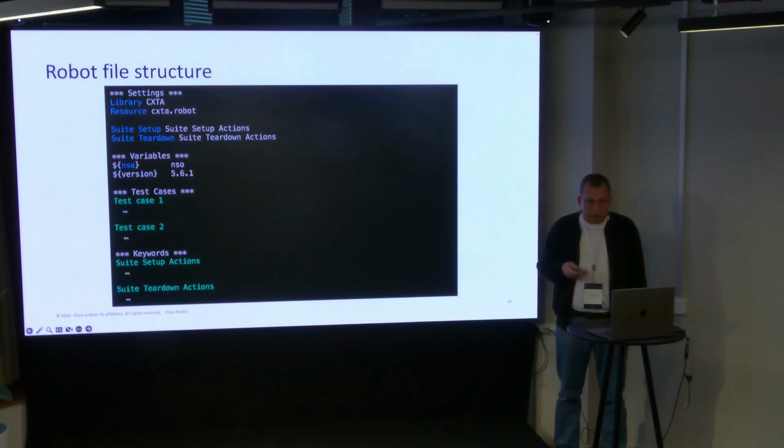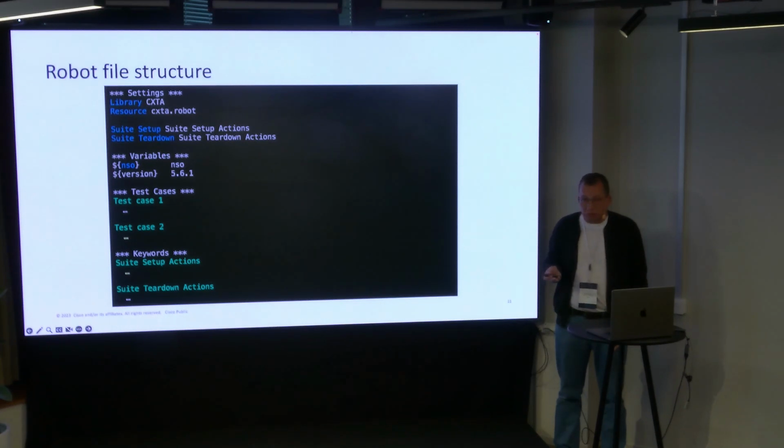Then there are two very important lines. It's suite setup and suite teardown. These are keywords. A keyword is a function. Okay, probably most of you are more familiar with programming languages. So a keyword is something that defines a function in Robot. Suite setup is a keyword, a function that is executed before your test starts.